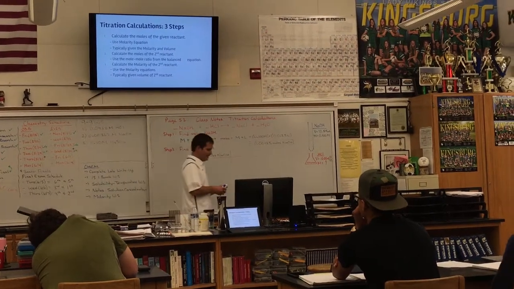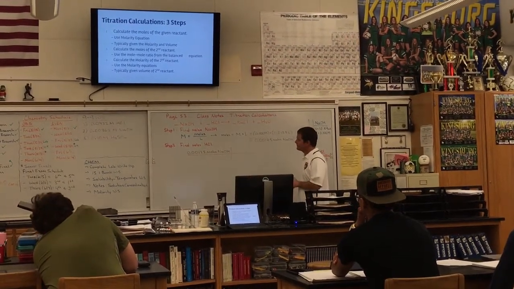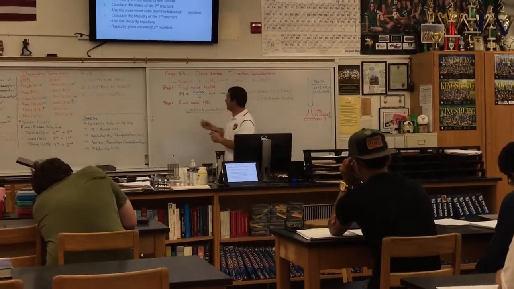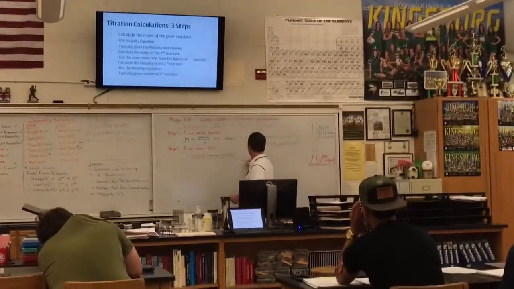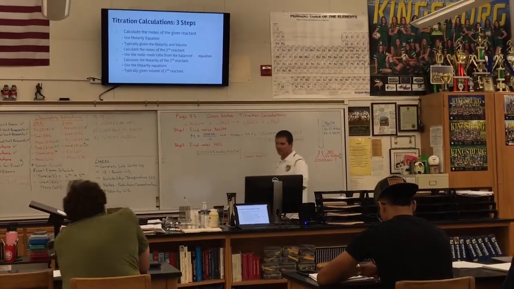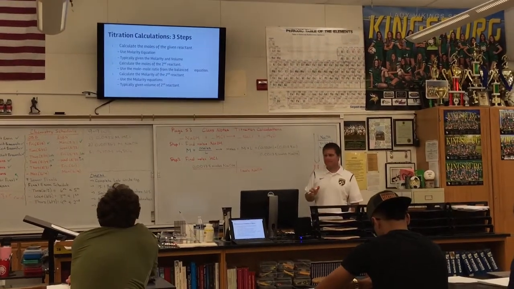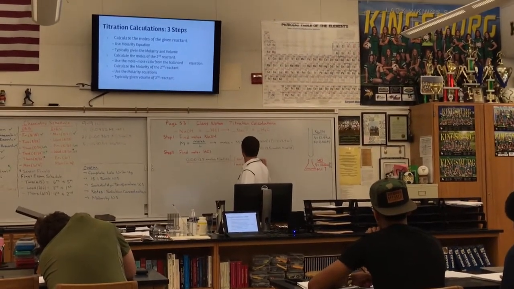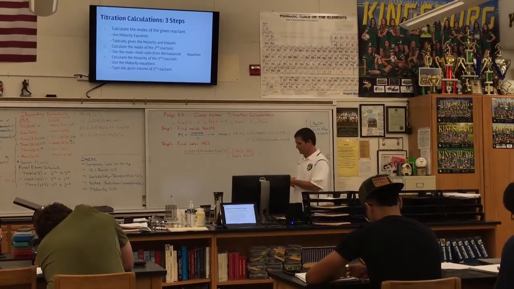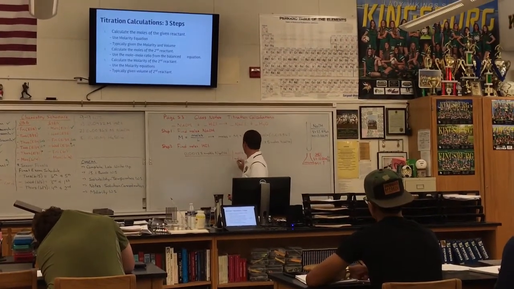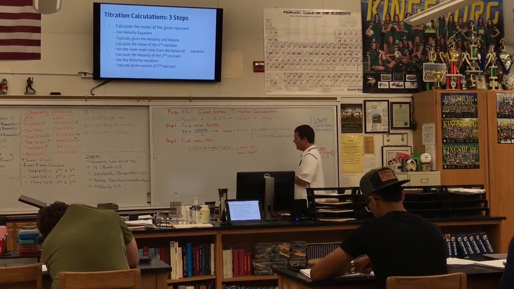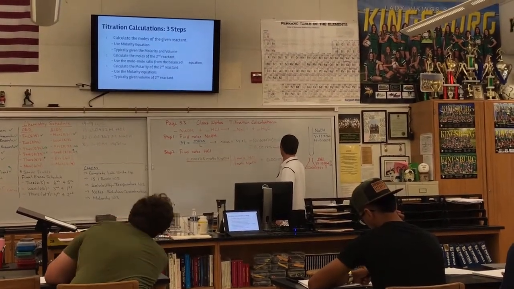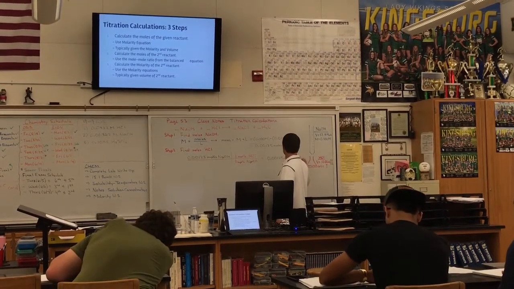What needs to go on the bottom? 1 mole of NaOH, because there's a 1 here for the coefficient. 1 mole NaOH, and what about the top? 1 mole of HCl. That's the mole-to-mole ratio from my balanced equation. So moles of NaOH cross out, and this just becomes 0.00125 moles HCl.